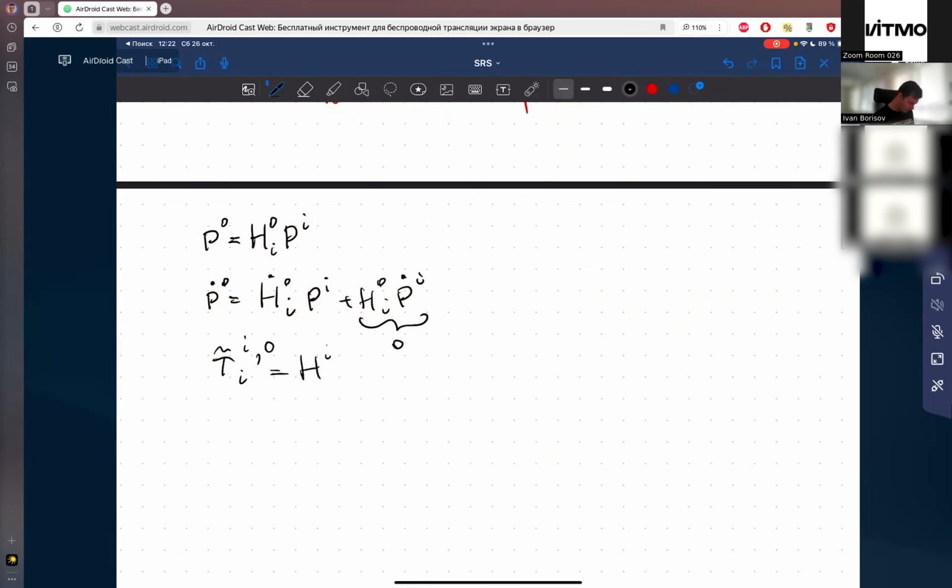And we can write that h dot 0,1 is equal to h I0 inverse times the twist t I0 I. And if it's inverse, we can just swap the superscripts.